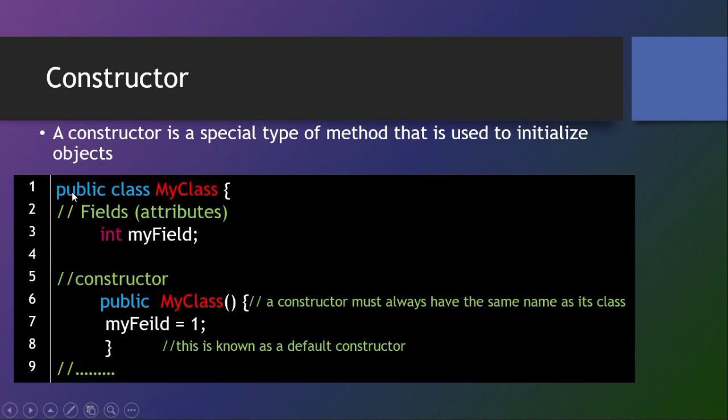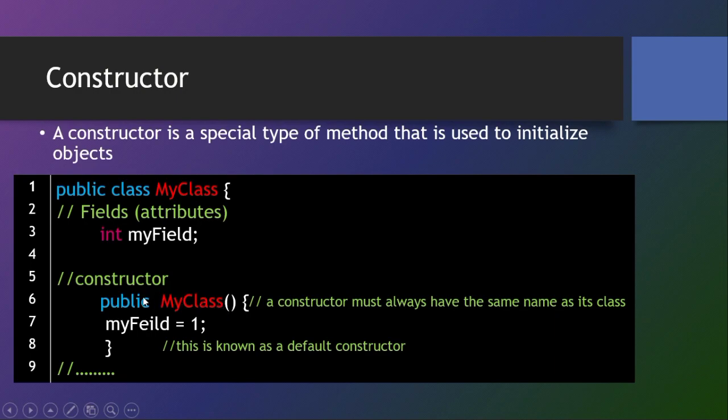So here we have our access modifiers. We call this public class MyClass. And because this class is public, all these data fields are public as well. Keep that in mind. A constructor has this syntax here, public MyClass.